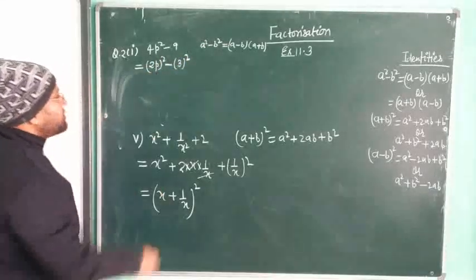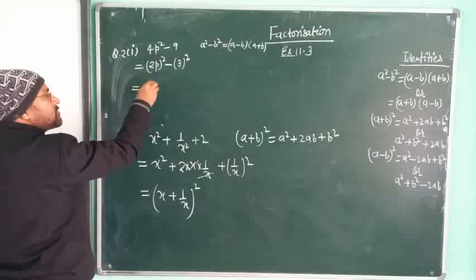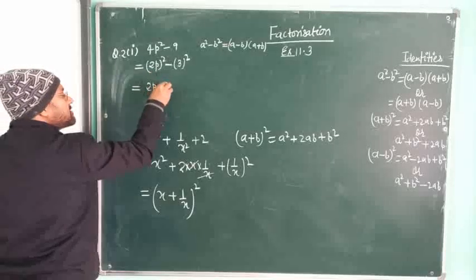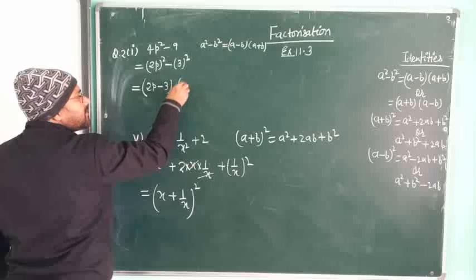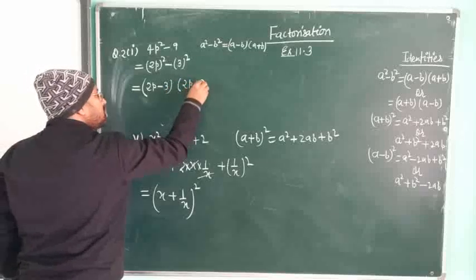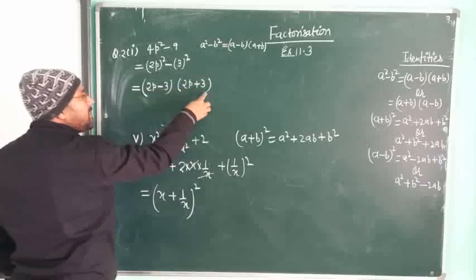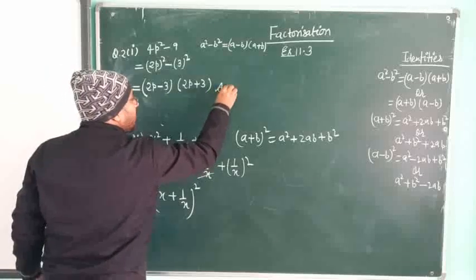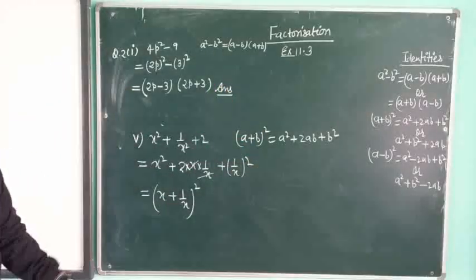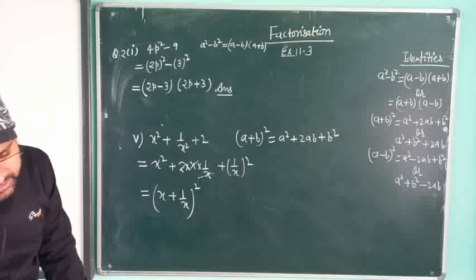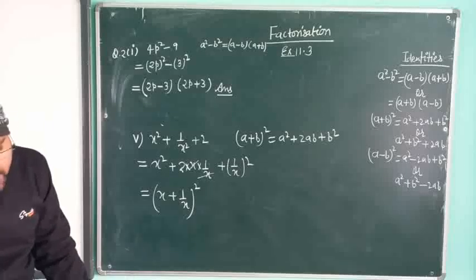A square minus b square. In place of a is 2p, so 2p minus 3 in one bracket, and in another bracket 2p plus 3. That is a minus b and a plus b. That is our answer. All the other problems up to question number 6 are just similar.